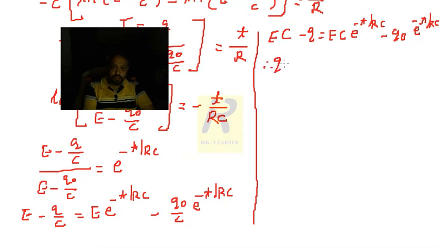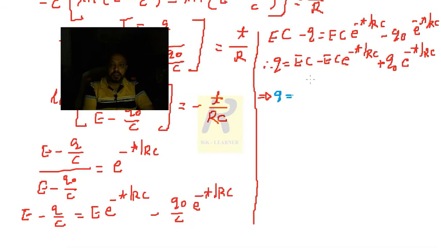Therefore, Q equals EC minus EC e power minus t divided by RC, and this becomes plus Q0 e power minus t divided by RC. So that implies the final step: Q equals, between these two, EC is the common thing.